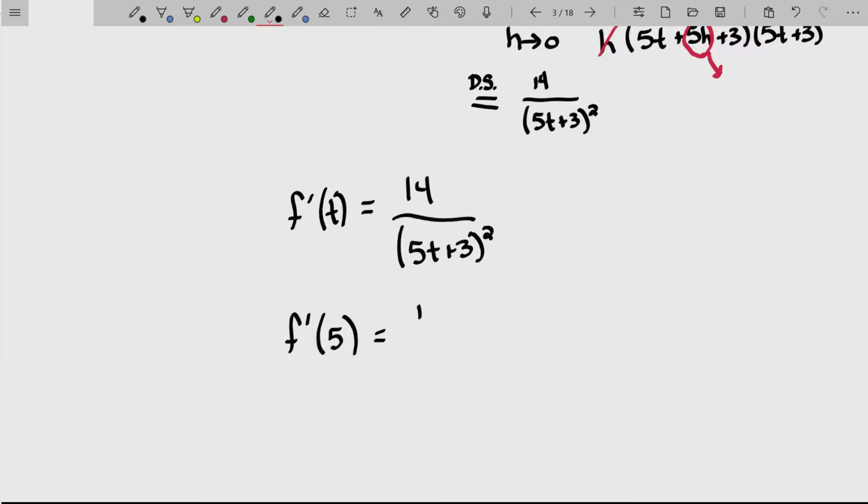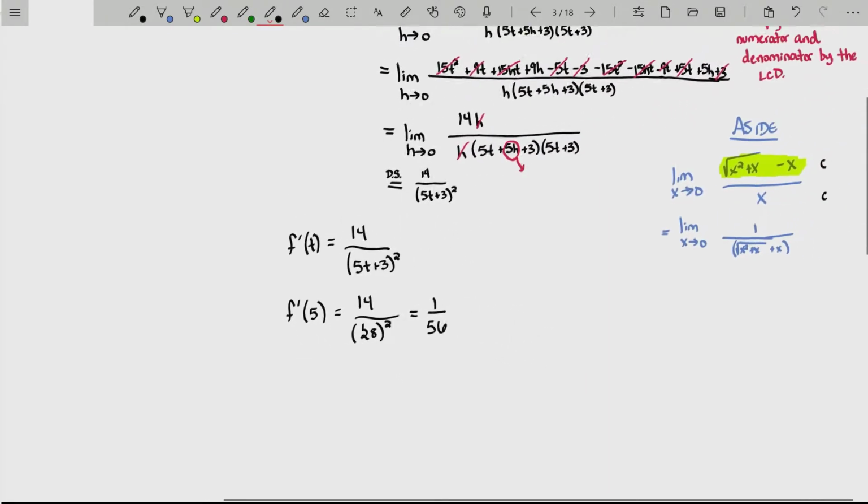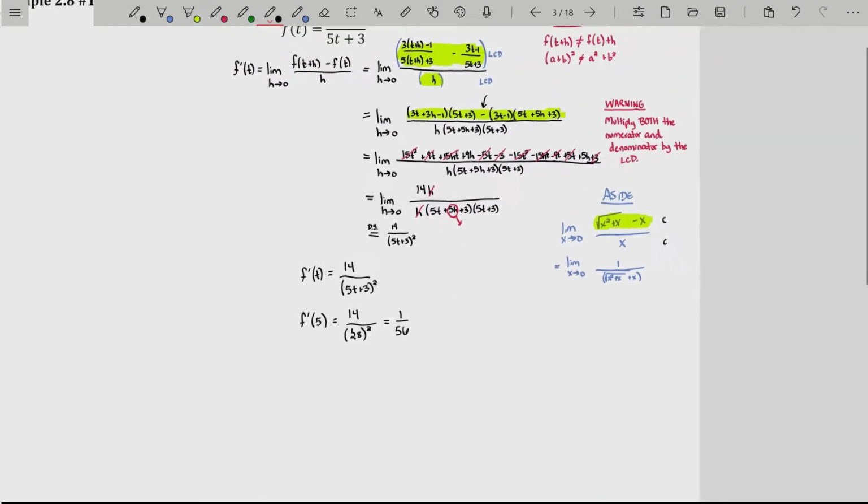And I could just plug that in: 14 over the quantity 5 times 5 is 25, plus 3 is 28, squared. Now, I'm not saying that 28 squared is easy, but everything else is pretty fine. So that's 156, I think. That's what that would turn into. I could be wrong about that, but I'm almost positive that's right. So anyhow, that's the slope of the tangent line at t equals 5.